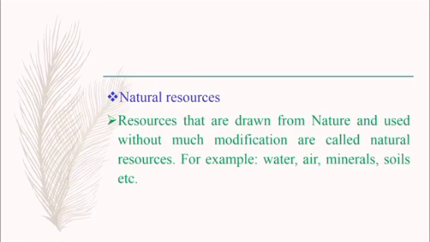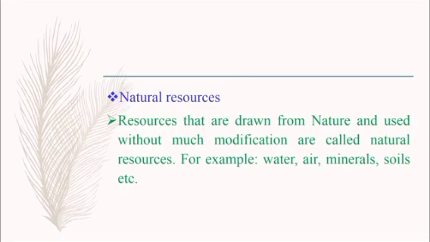Resources that are drawn from nature and used without much modification are called natural resources, which means those resources which you can easily draw from nature and can use them directly without any further modification are known as natural resources.